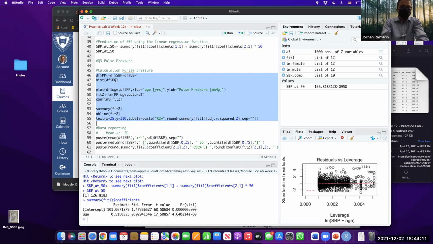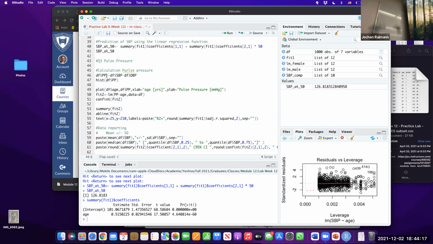Here you have the calculation of the pulse pressure. Pulse pressure is an interesting parameter. In epidemiological studies, one of the limitations is that sometimes you don't have the data you want to have. The pulse pressure is a way to quantify the arterial stiffness of an individual. One of the biggest problems where blood pressure goes high is because of stiffness of the vessels in age, called atherosclerosis.